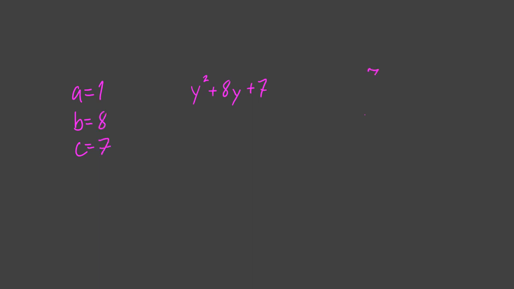So we're looking for factors of 7 that add up to 8. And since 7 is prime, we only have one pair of factors and positive for both of those. They both add up to positive 8. So we factor this as y plus 1, y plus 7.